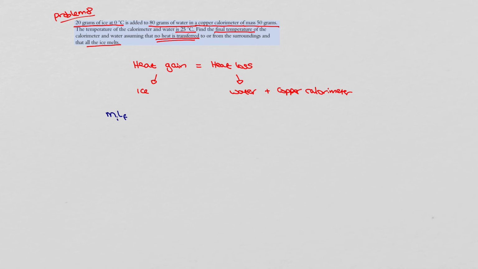I'm going to put a little i here for the ice, but it's also going to change temperature, so that's going to be mc delta theta for the ice. And of course the specific heat capacity of ice is the same as water, so it's just our 4,180, and our change in temperature of the ice. The water isn't going to change state, so it's just a change in temperature, mc delta theta for the water. And the copper calorimeter is also going to change temperature and not state, so it's mc delta theta for the copper calorimeter.